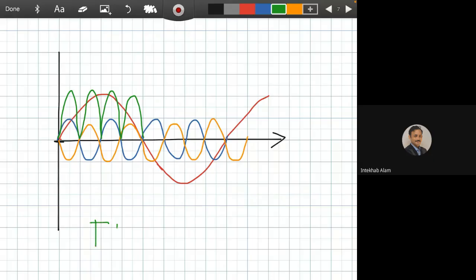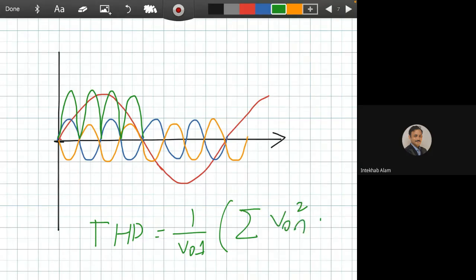For that reason, in our total harmonic distortion, we calculate with VO1. So it becomes like the square root of the sum of VOn squared over VO1, where n equals 2, 3, 4 and so on up to infinite.